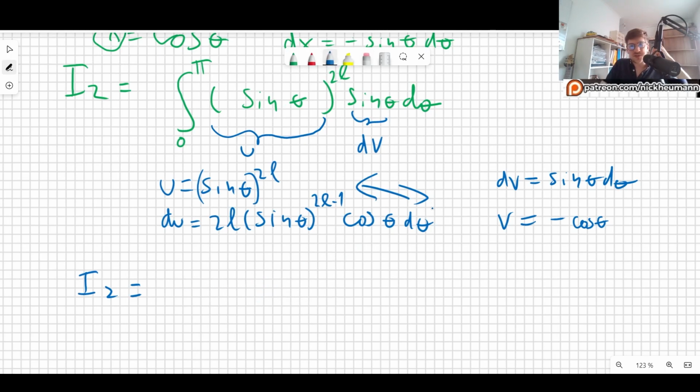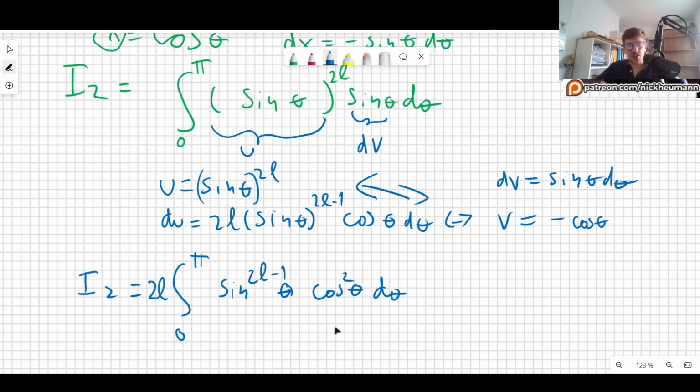Then we have this other part, which will give us minus minus, so plus, the integral between 0 and pi of 2L, which I will write outside, times sine of 2L minus 1 of theta times cosine theta, and because we're multiplying those two, cosine squared theta d theta. So that is what we get.